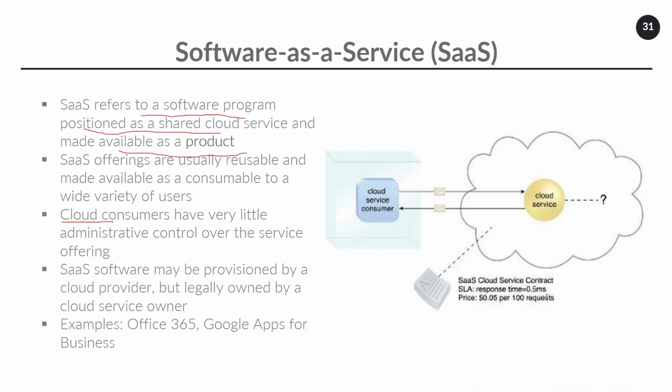SaaS software may be provisioned by a cloud provider, but the cloud provider is not always the owner. Sometimes you as a cloud consumer can develop your product as a software as a service and run it on a public cloud provider. Examples: Office 365, Google Apps for Business, etc.